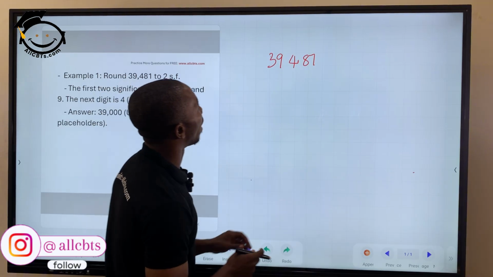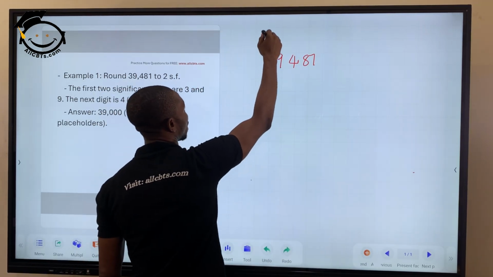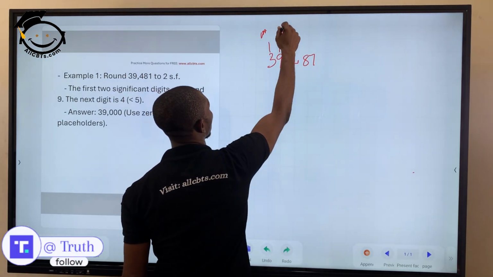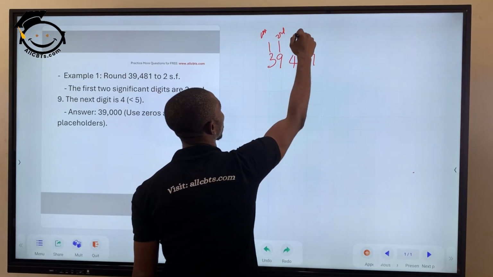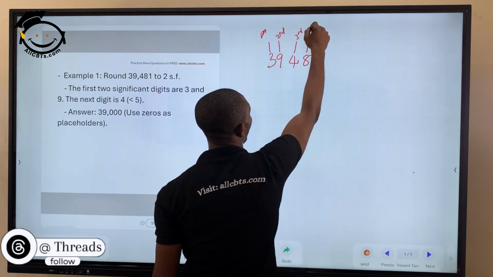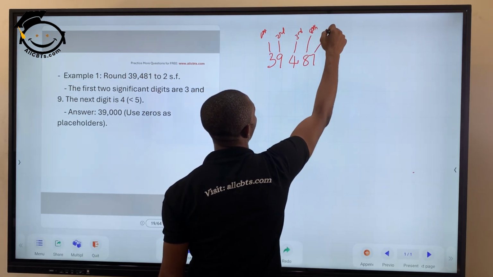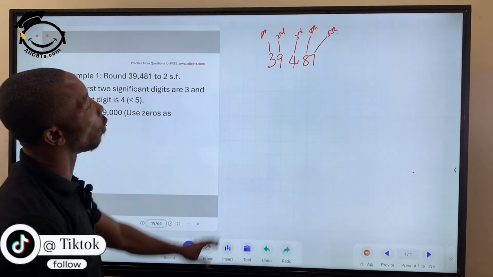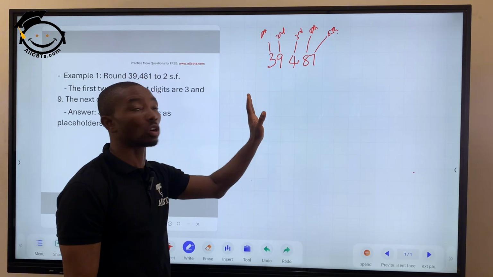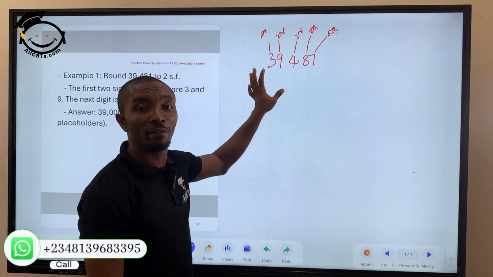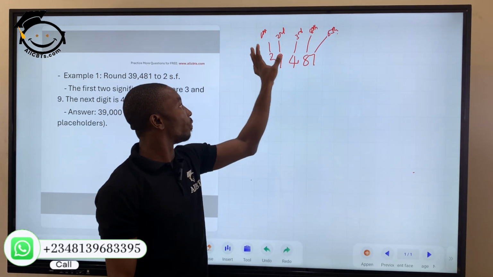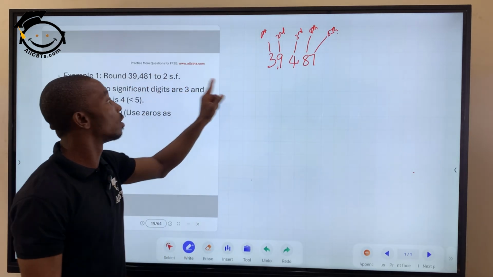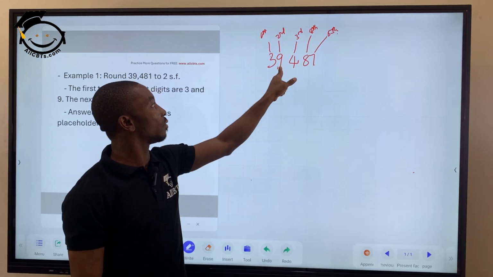Okay, now this is our first significant figure, second significant figure, third significant figure, fourth and fifth significant figure. Okay, now once we are working with our significant figures, it talks about the entire number. Okay, now since we are asked to round up to two significant figures, our first and second significant figure.